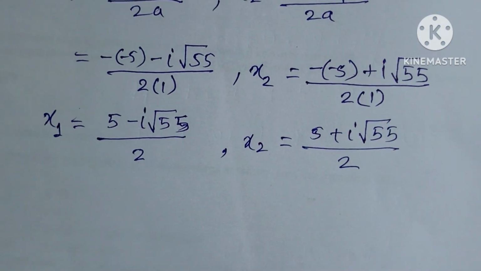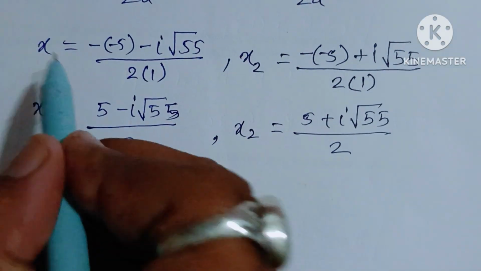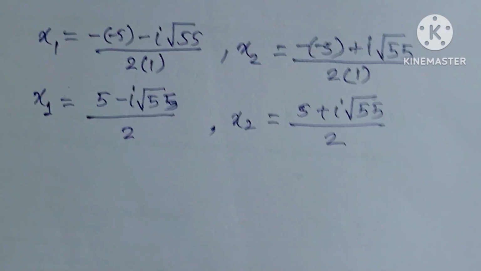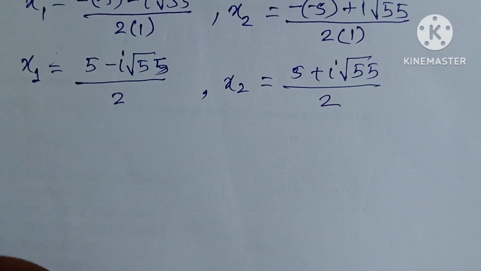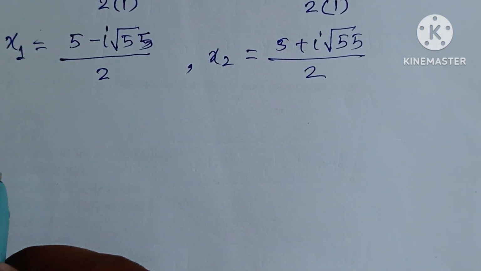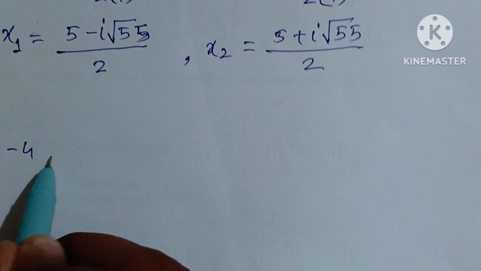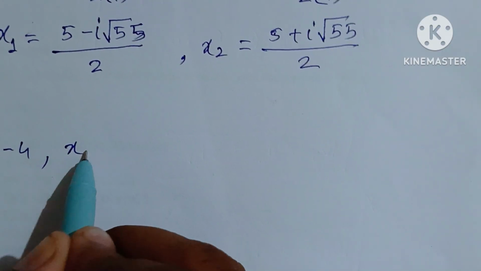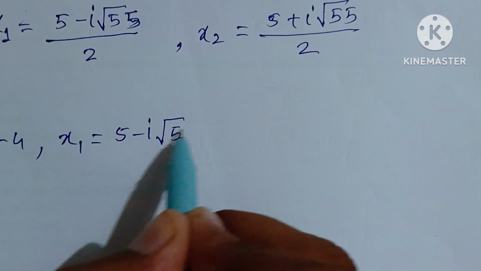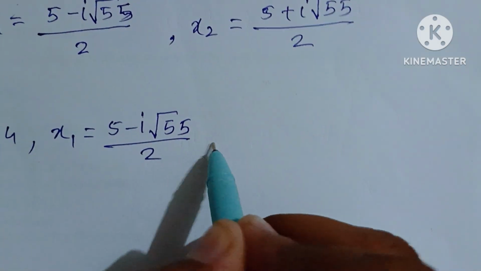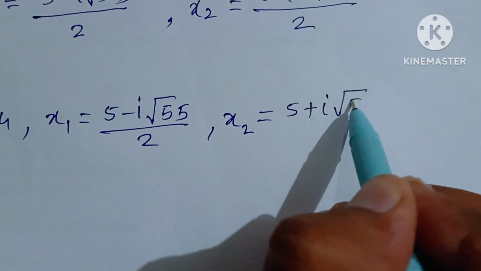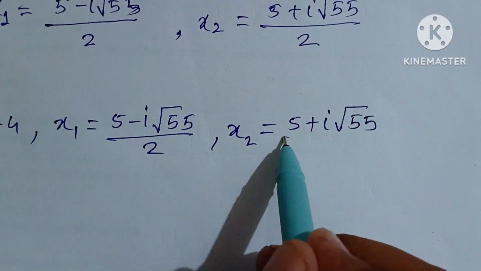So we are getting three solutions of x, because the highest power of the equation is 3. So we write x equal to: the first value is x equal to minus 4, the second value x1 equal to 5 minus i root 55 divided by 2, and x2 equal to 5 plus i root 55 divided by 2.